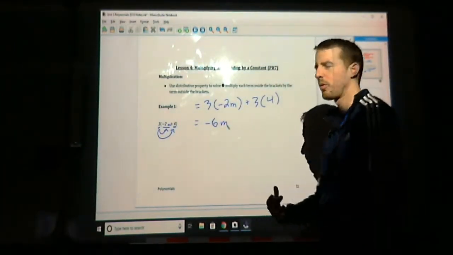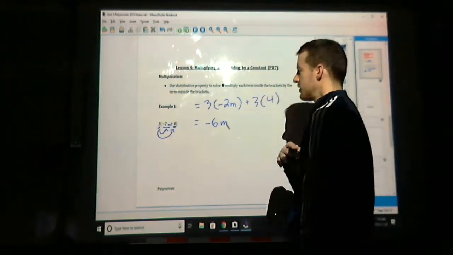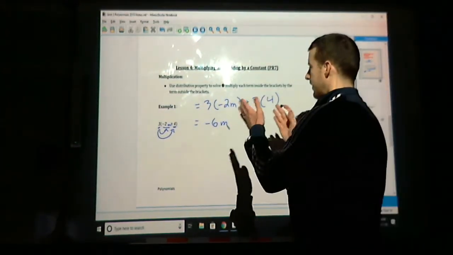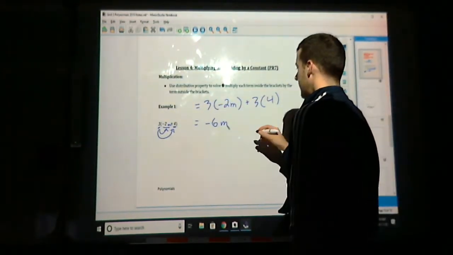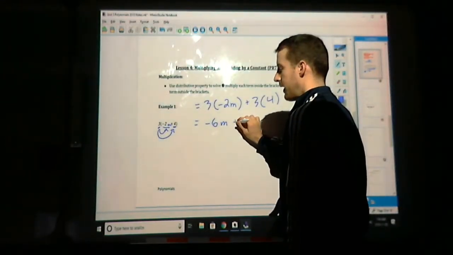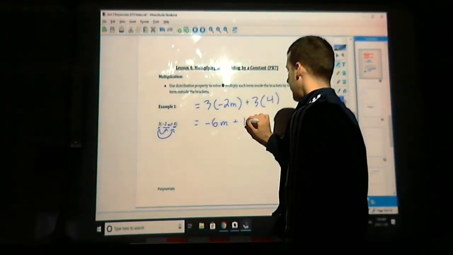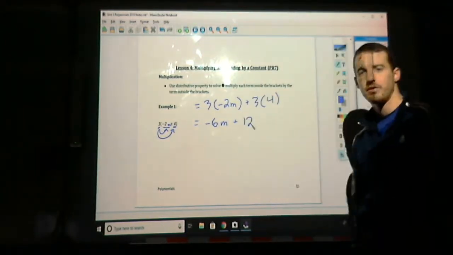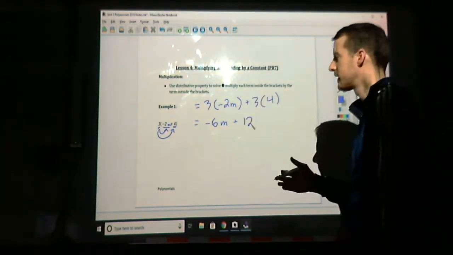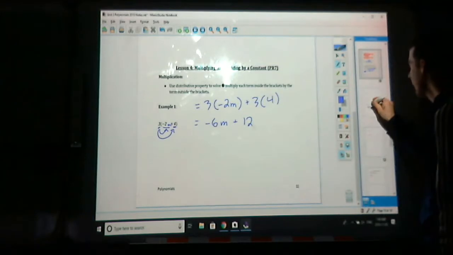Same as before when we were adding and subtracting, you don't change your terms unless there are different variables to combine. And then over here we end up with 3 times 4 is 12. And we've just done the distributive property. Congratulations. All right, let's try this again.